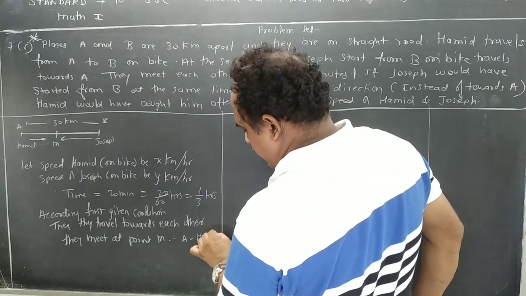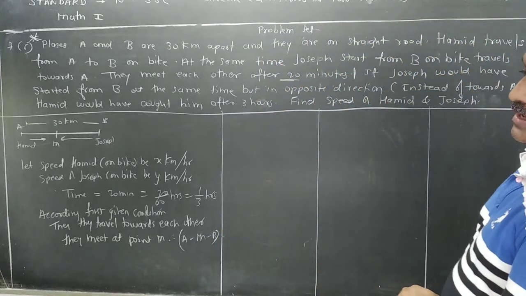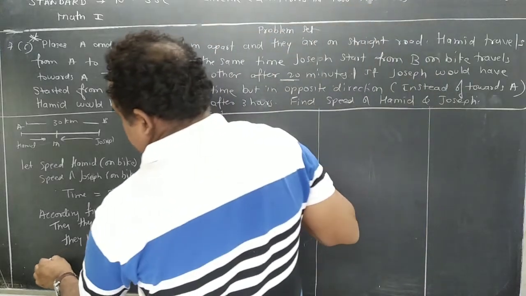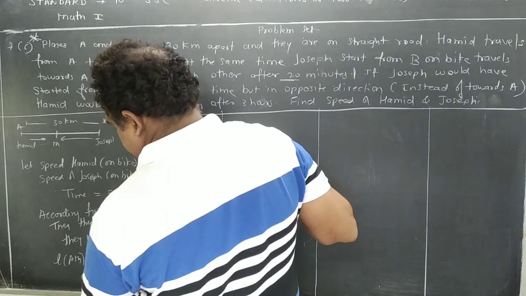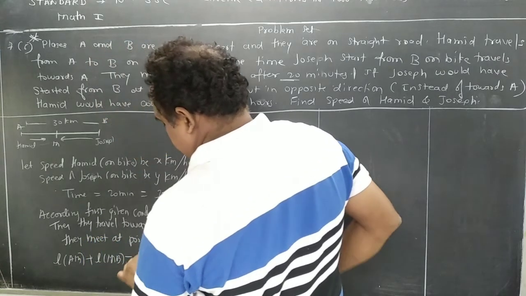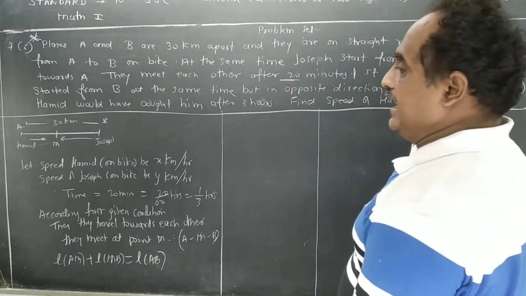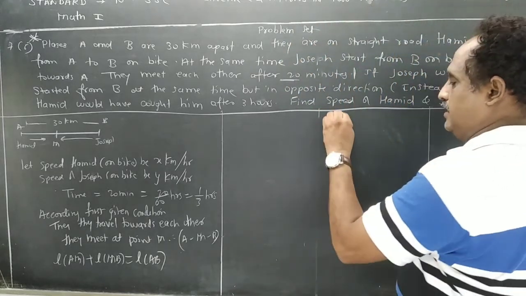Therefore, ultimately, A, M and B are collinear points. So what I can write is length AM plus length MB is equal to length AB. AM is actually the distance traveled by Hamid.